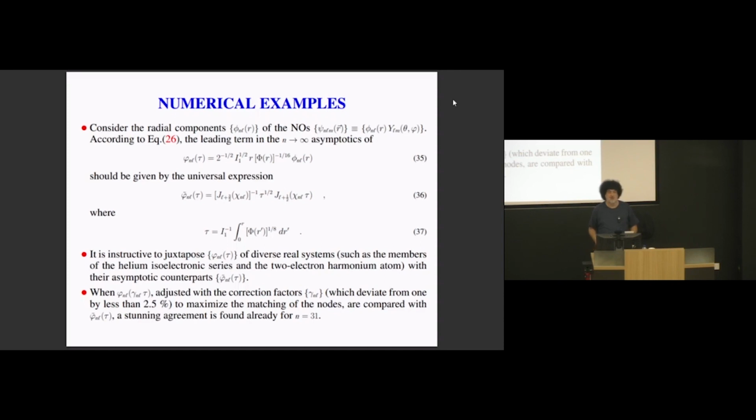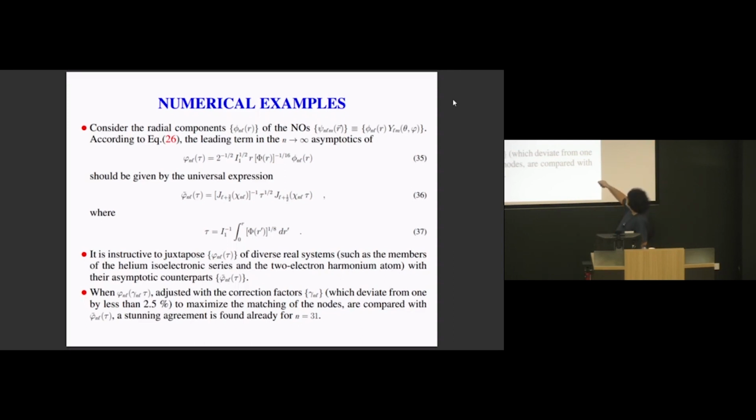It turns out things are not so bad because I'm going to show you things for n equals 31. Why 31? Well, I just picked it randomly from my calculations. So if things are correct, then for any system, if I plot this scaled natural orbital, you can see that I'm scaling it, with some integral and so on, so I can plot everything on a single plot.